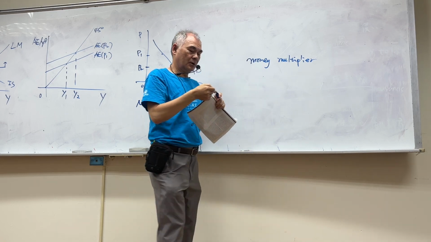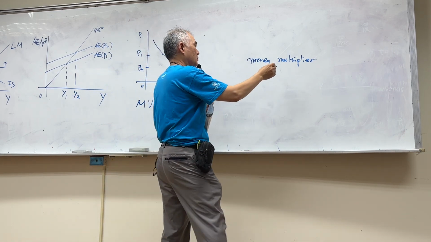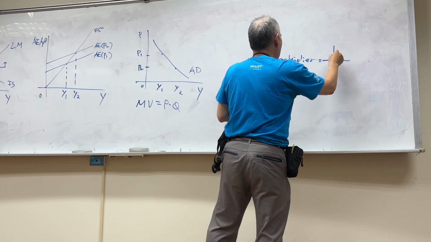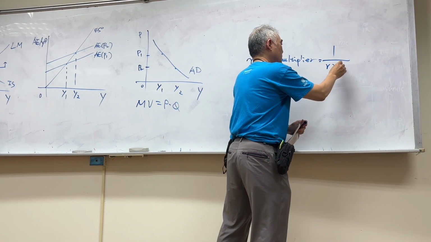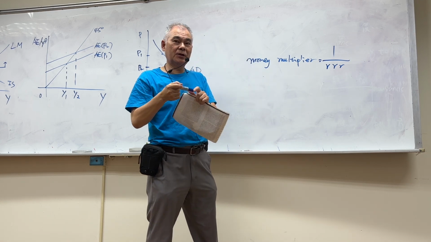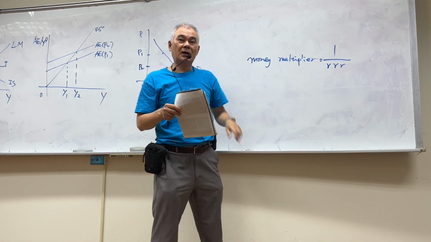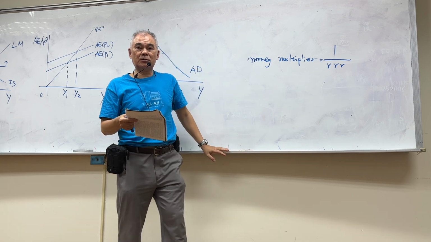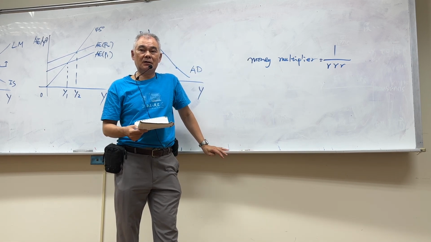It's equal to 1 over the required reserve ratio, I put it as RRR. And the difficult one, you've got to check your notes or check the textbook. There is another one.